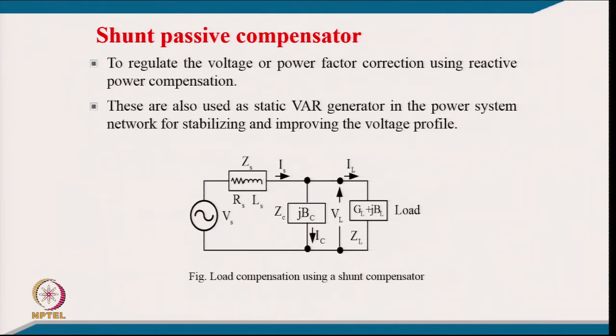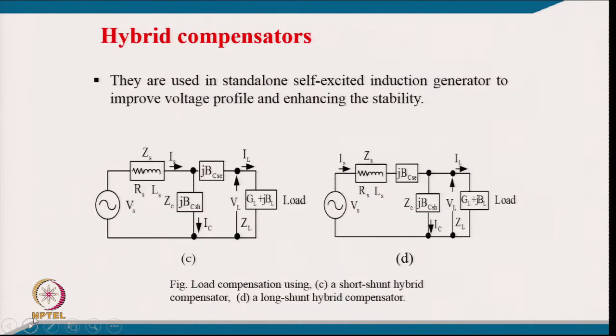Virtually, when you are not drawing reactive power from the supply, the voltage profile also improves. But as I already mentioned earlier, either you can improve the voltage profile or you can do power factor correction, not both. A little improvement in voltage profile is always there with unity power factor, but you cannot do both simultaneously; either you regulate the voltage or you correct the power factor.